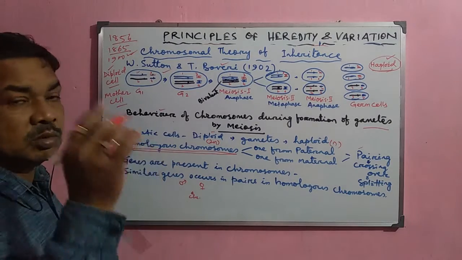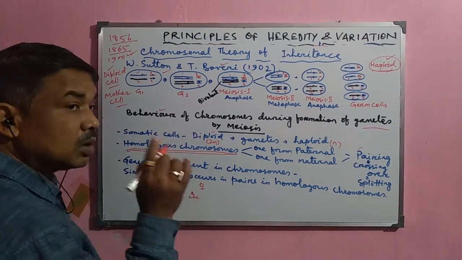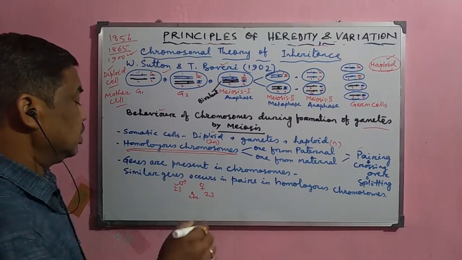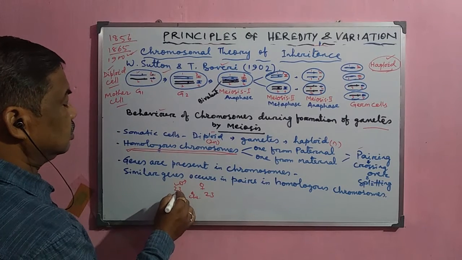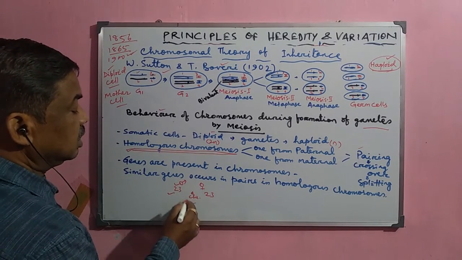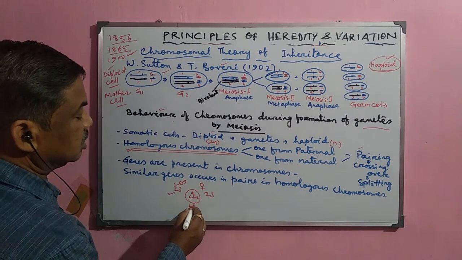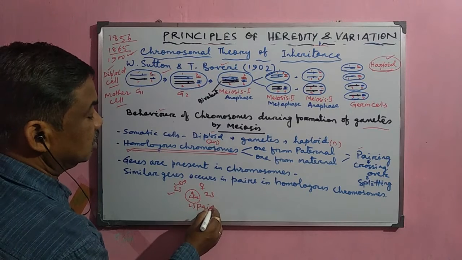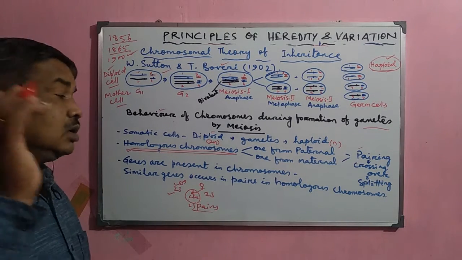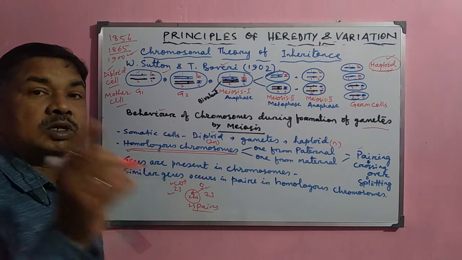So in a human being, there are 23 chromosomes coming from the father and 23 from the mother. These 23 chromosomes are the haploid set in the form of the gamete. When they are present in the offspring, there are 23 pairs of chromosomes: one set 1 to 23 from father and 1 to 23 from mother.